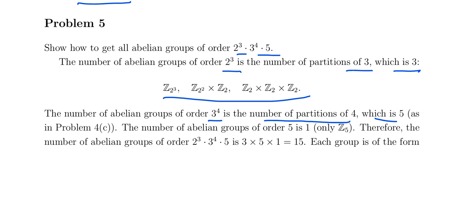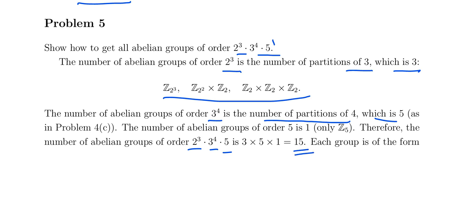I have already explained this in the previous problem. The number of abelian groups of order 5, that is 5 power 1, is the partition of 1, which is 1. So therefore the number of abelian groups of order 2 power 3, 3 power 4, 5 is 3 into 5 into 1, that is equal to 15.